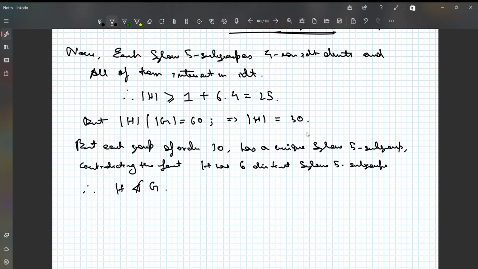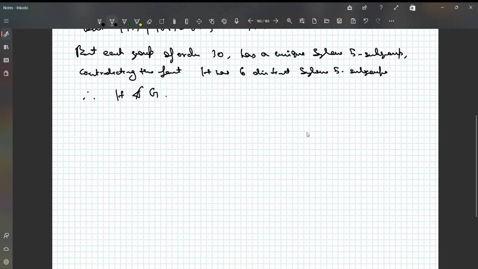So if we consider a non-trivial normal subgroup in a group of order 60, then 5 cannot be a factor of its order. But what are the only possible orders of H then? Therefore, the order of H can be 6 or 12 precisely.